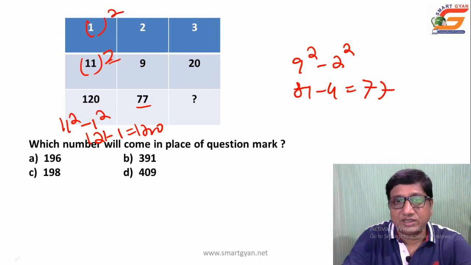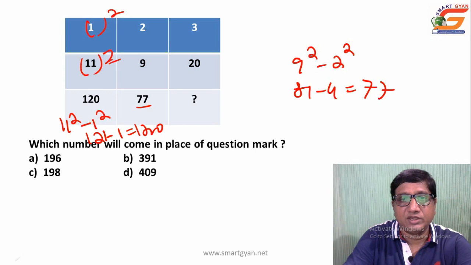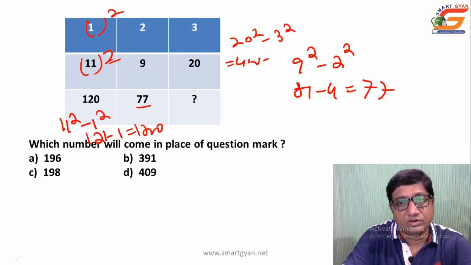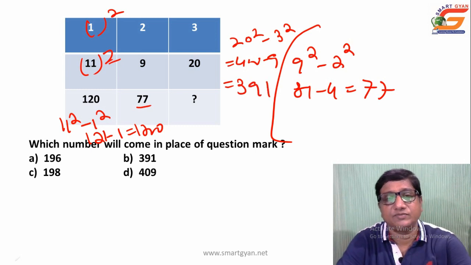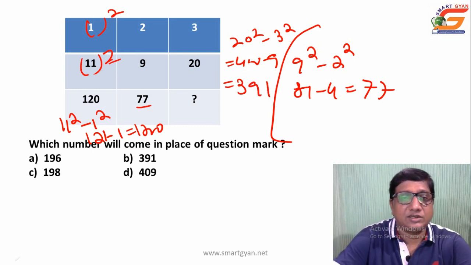Then the third column: 20 square minus 3 square, that is 400 minus 9, equal to 391. Yes, so your answer is choice B.